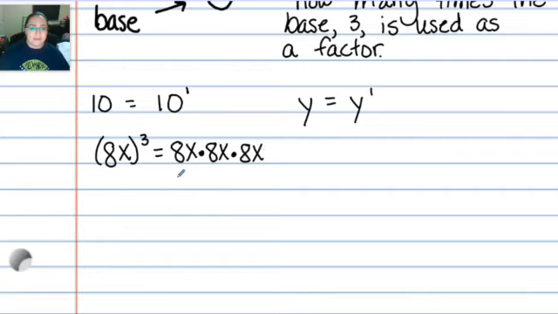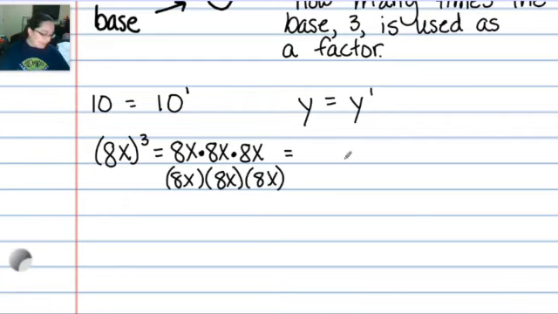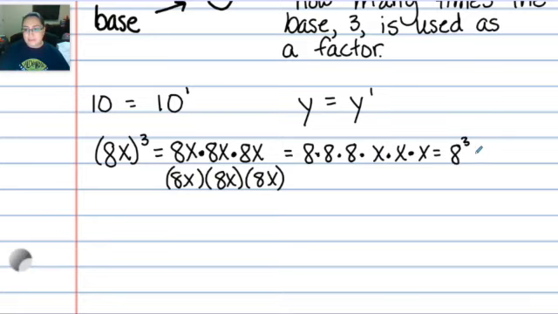It could also be written with parentheses, right? It could be written like this. Okay. So you could also write it out as 8 times 8 times 8 times x times x times x, okay? And when you write it with an exponent, it could also be written as 8 to the third power, x to the third power.